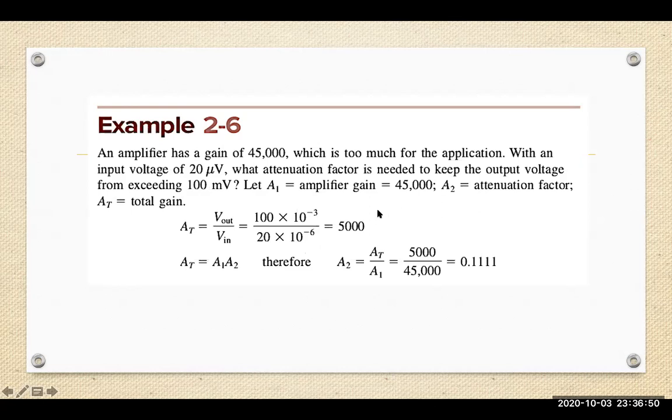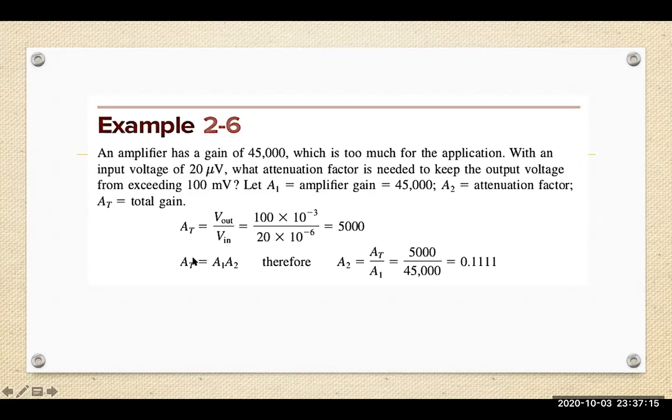Now to solve for the attenuation factor, or A sub 2, recall the formula: if we have two amplifiers or two stages in cascade, you need to multiply them. So A sub 1 amplifier gain times attenuation factor.